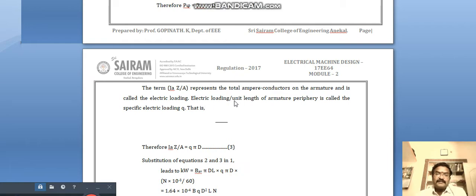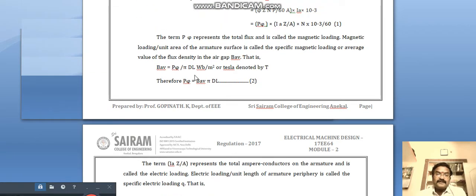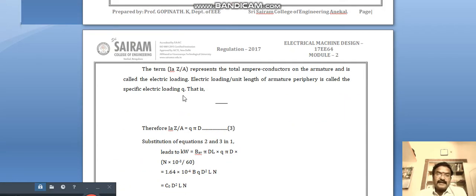Electric loading per unit length of armature periphery is called the specific electric loading. The letter q will be used for the specific electric loading, and Bav we are using for the specific magnetic loading. Therefore, Ia Z by A is equal to pi D q.